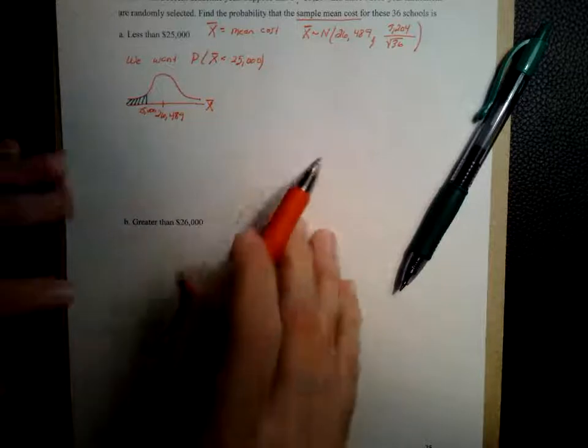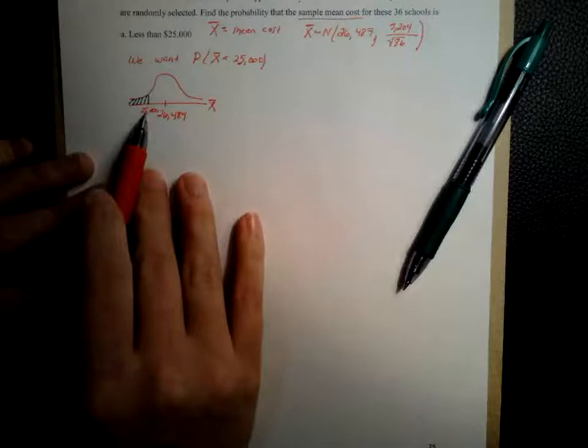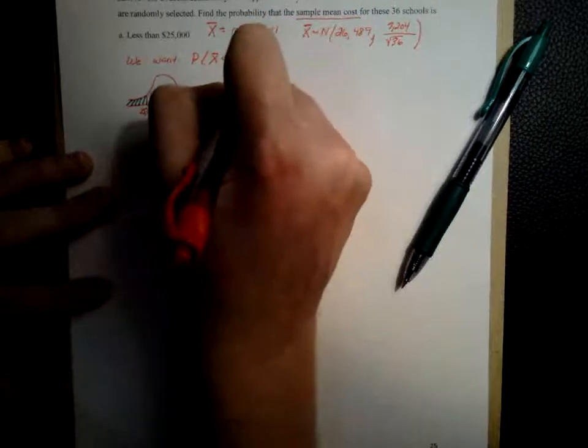The next thing we want to do is use the z-score formula to find the z-score associated with the sample mean of 25,000. And that would look as follows.